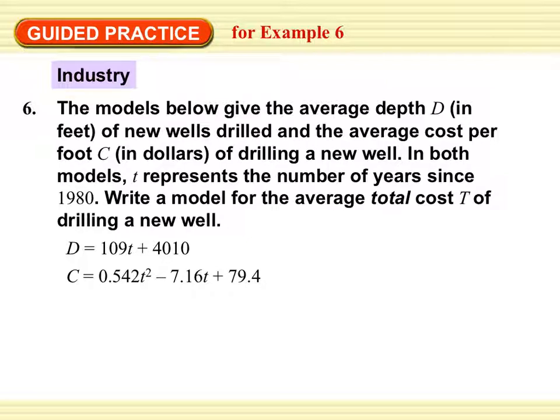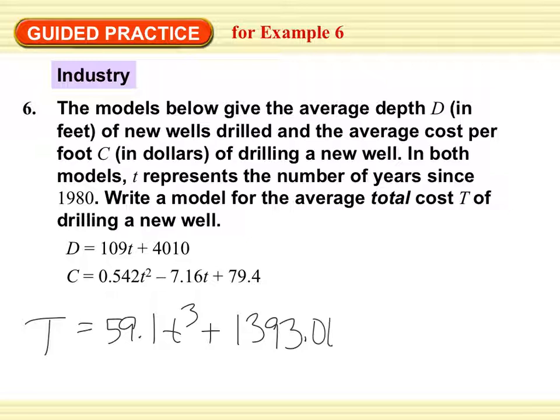So I'm going to multiply these, and you can try to multiply them too, and I actually get T equals 59.1 T cubed, 1,393, rounding, T squared, 20,057 T plus, ran out of room, 318,394. Cool.